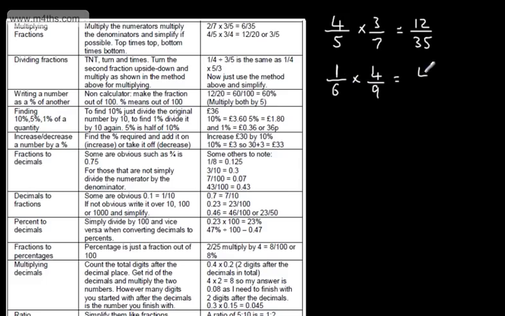So we're going to end up with 1 times 4 is 4, 6 times 9 is 54. I look and think, well, I can divide these both by at least 2, so I'm going to do that. That would leave me now 2 over 27, and that would be my final answer. So all I've done is multiplied the numerators, multiplied the denominators, and then simplified.